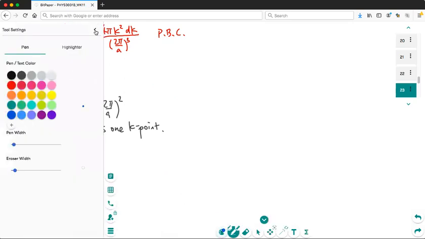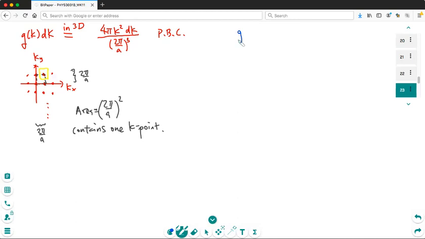Now, if you repeat the same exercise for g(k) dk, again in 3D, but I want to do it in box boundary condition. There, you remember, whenever you talk about a sphere of some surface area 4 pi k squared, you need to slash it by a factor of 8, because you only allow the positive quadrant.